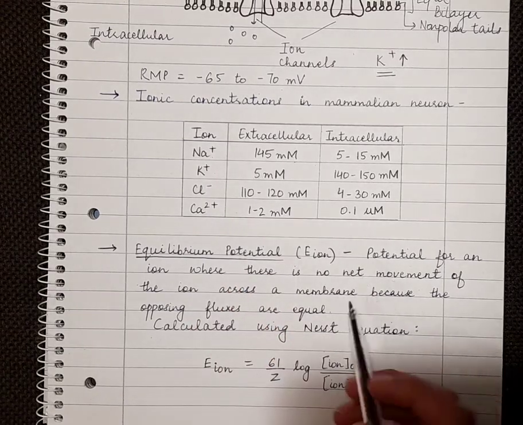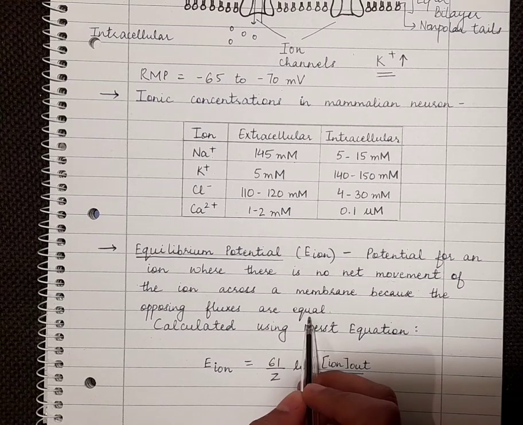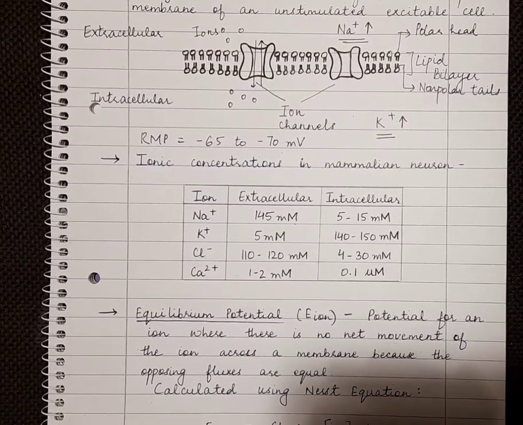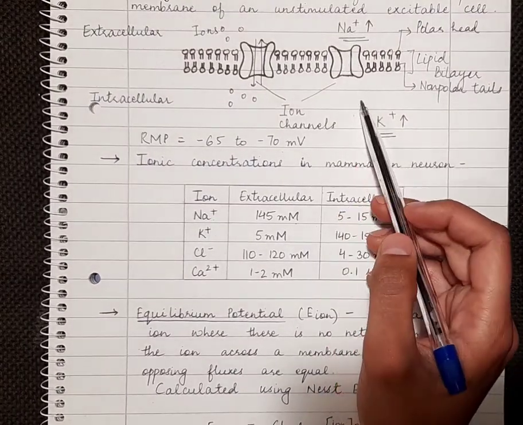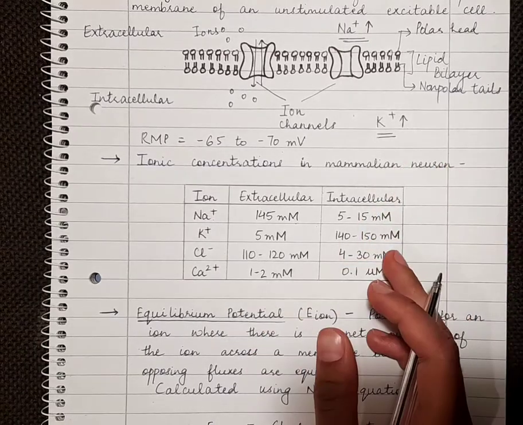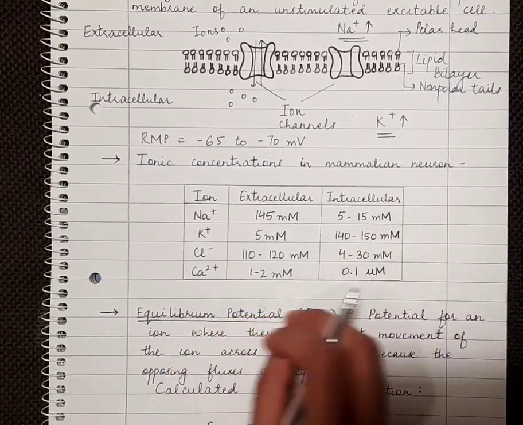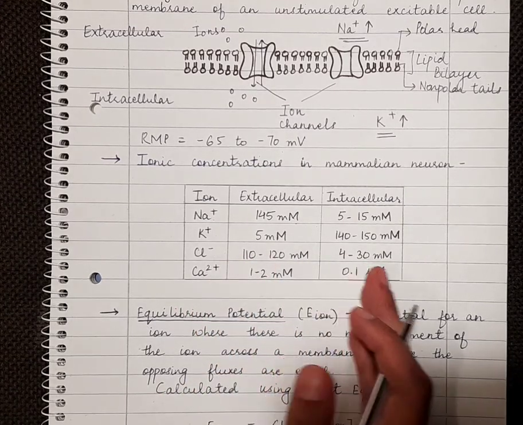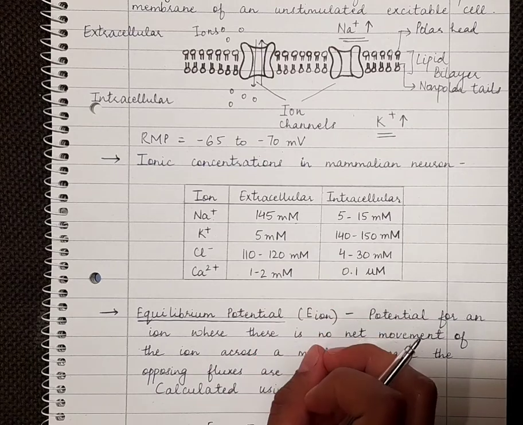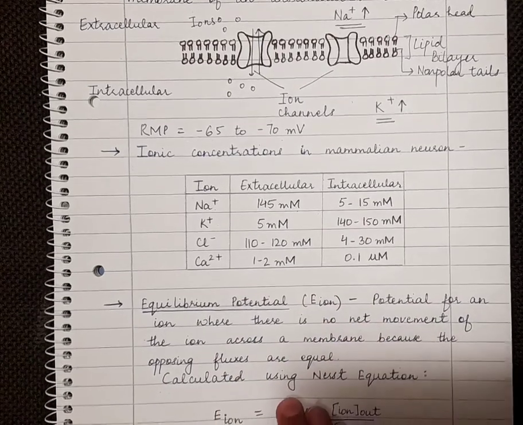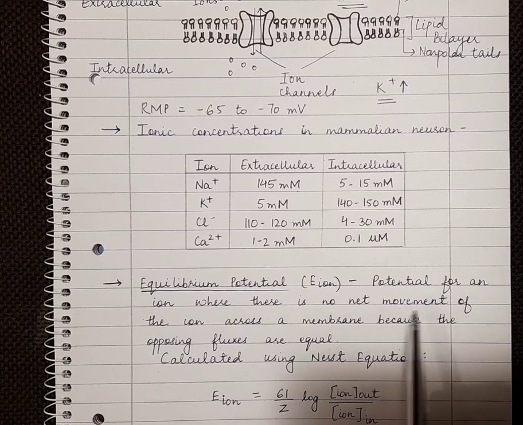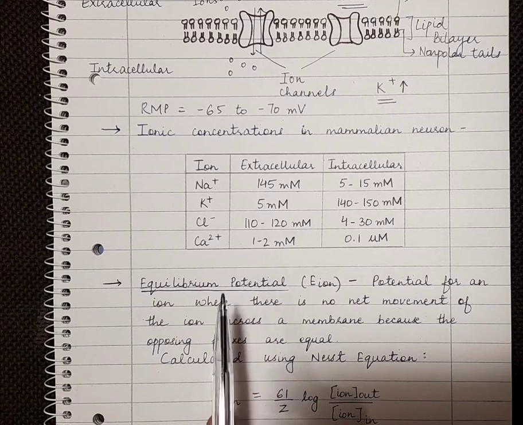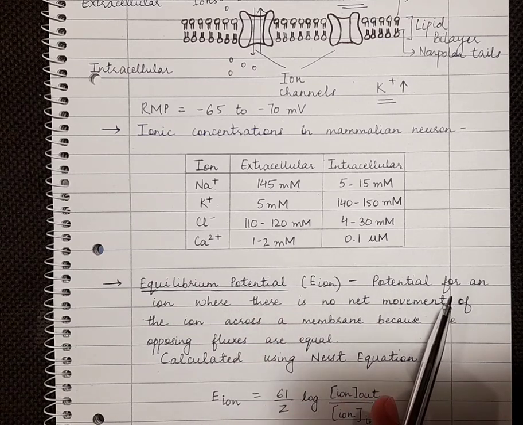When the amount of the ion going out is the same as the amount going in, the net movement is cancelled out. So the opposing fluxes are equal, there is no net movement, and that is the equilibrium potential.